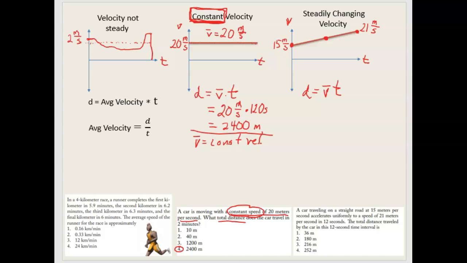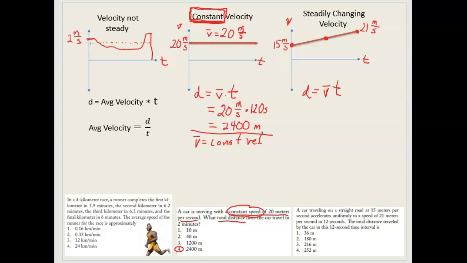What's in the middle of 15 and 21? Well, 21 minus 15 is 6, so what's half of 6? 3. So if I went 3 up from 15, I'd get to 18.